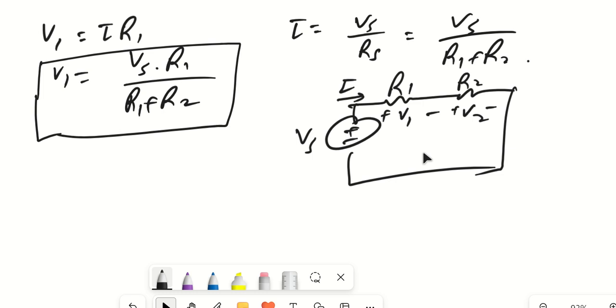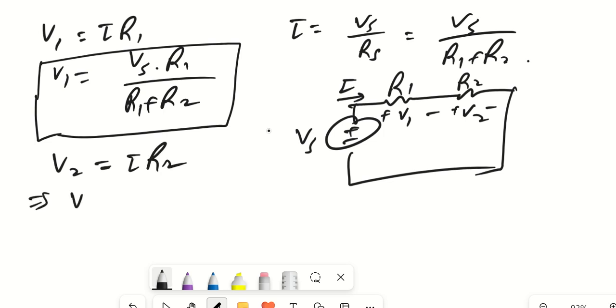Now what I will try to make you understand is, this is also called the voltage division method. It means my voltage Vs is going to get divided across resistor R1 and similarly across resistor R2, in the fashion that voltage across R1 will be more if R1 is more, and voltage across R2 will be more if R2 is more. Similarly, can we write down V2 as I into R2?